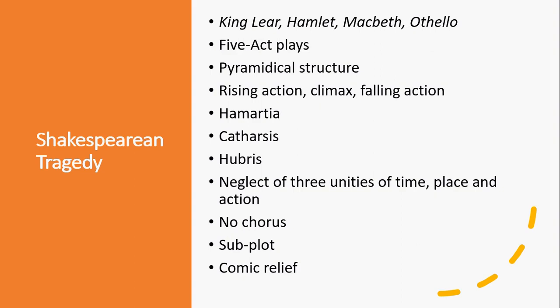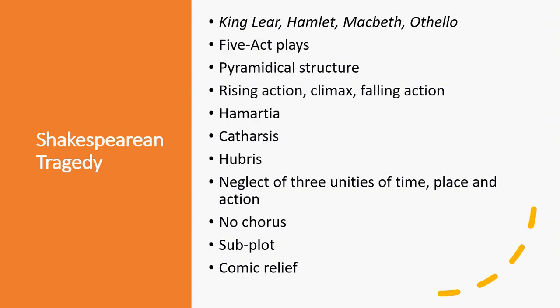2 other terms that are not reflected on your screen, but terms that you should be familiar with when we study Shakespearean tragedy. 1, peripeteia. Peripeteia is a sudden reversal of fortune, and this occurs in the life of the protagonist, leading to the climax. We also have a concept called anagnorisis.